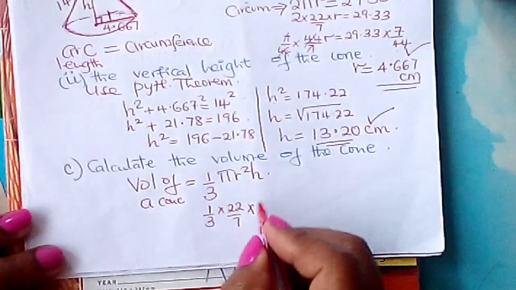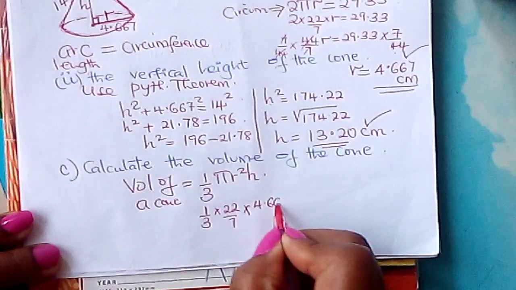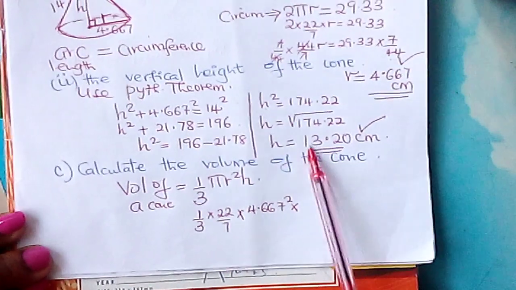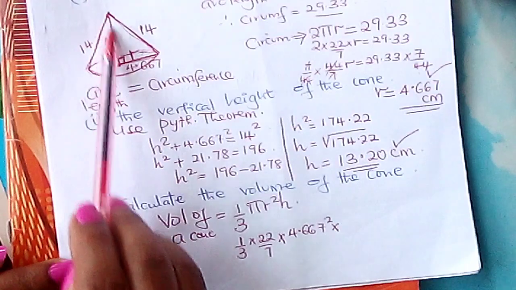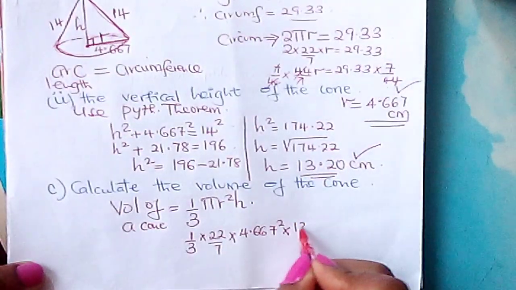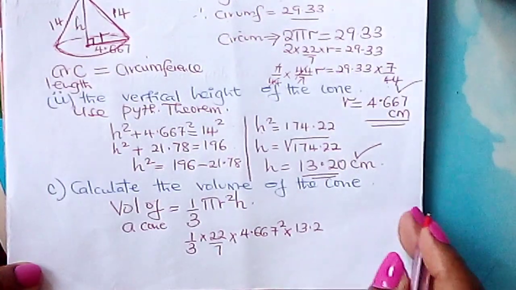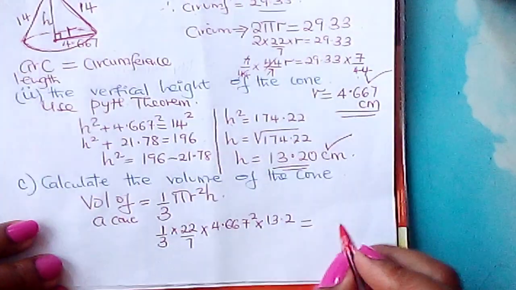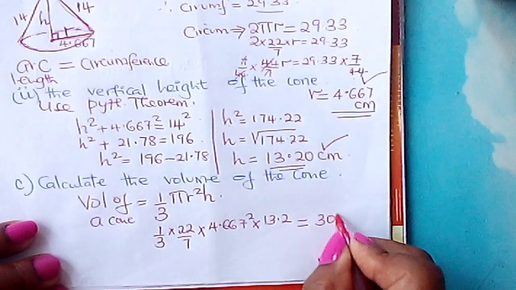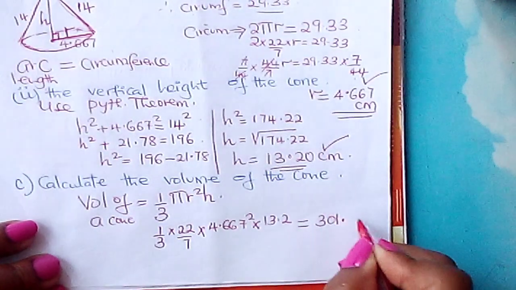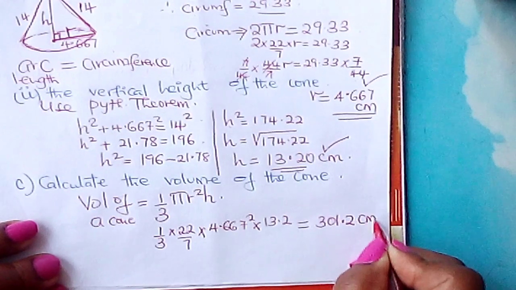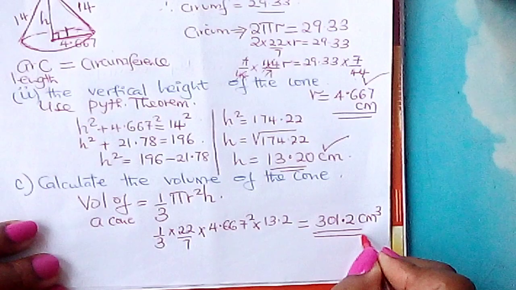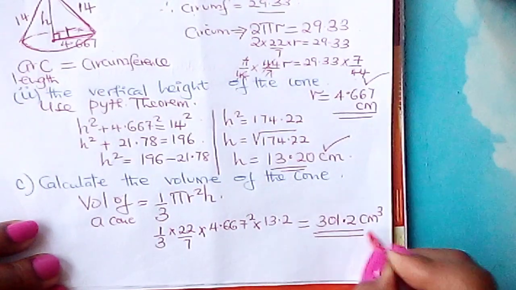So you talk of 4.667 squared times the perpendicular height. Perpendicular height, this one here, is 13.2. And therefore, working out this line using a calculator, you should get 301.2 centimeters cubed. This is our volume, learner.